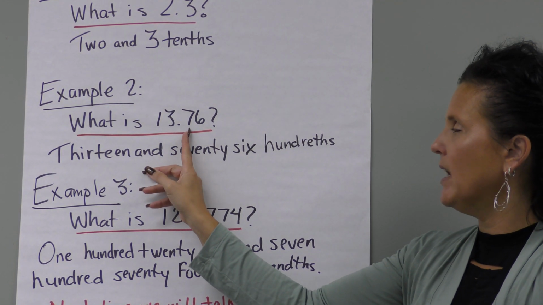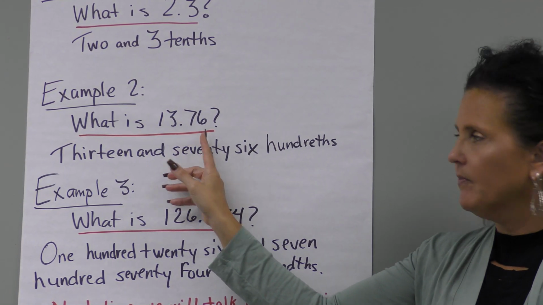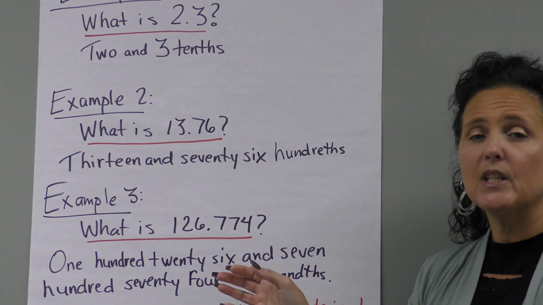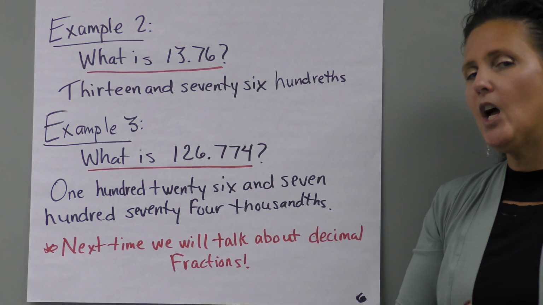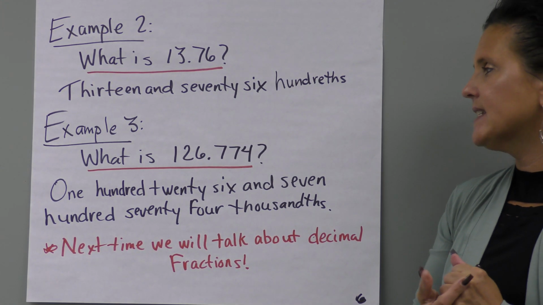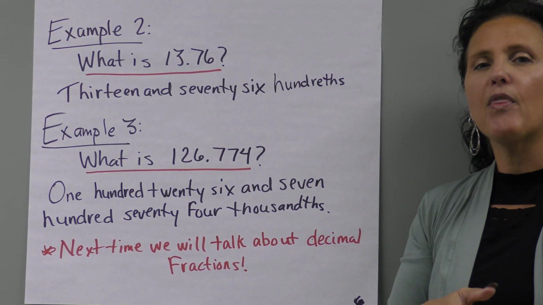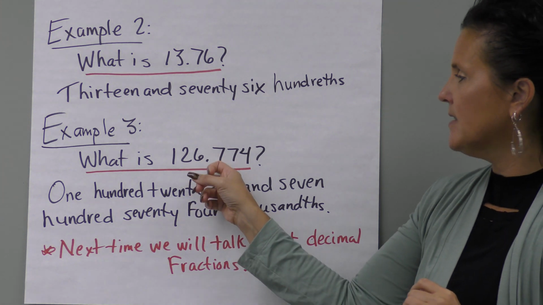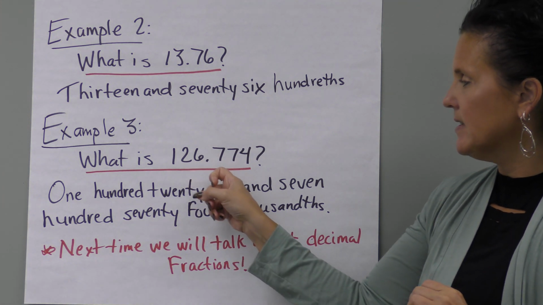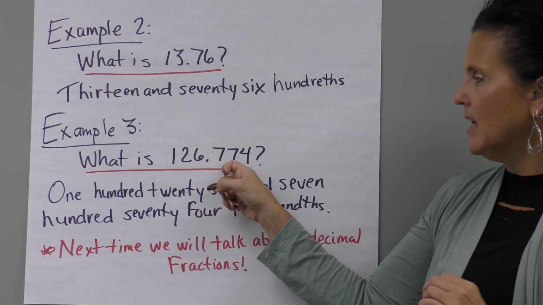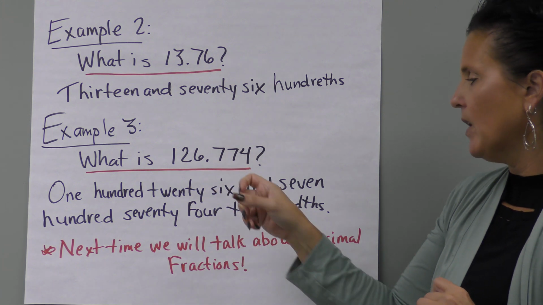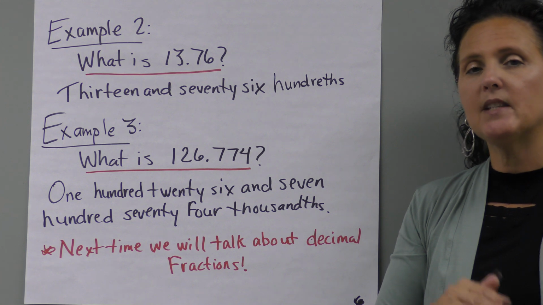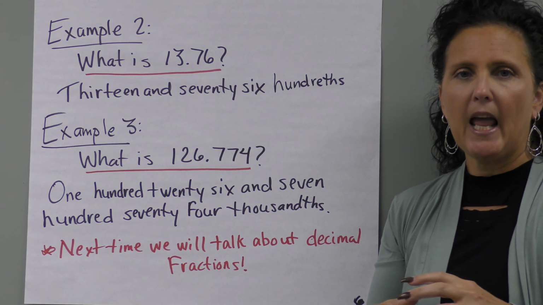This is in tenths place, that's in hundredths place. The last one takes us 3 digits beyond the decimal, and when we're reading this, we would say 126 and 774 thousandths, because this 7 is in tenths place, this 7 is in hundredths place, and that 4 is in thousandths place.